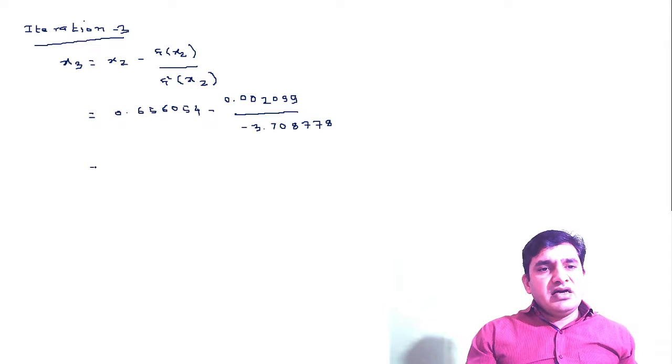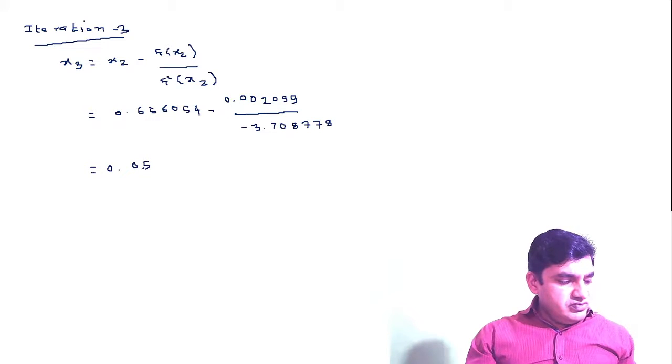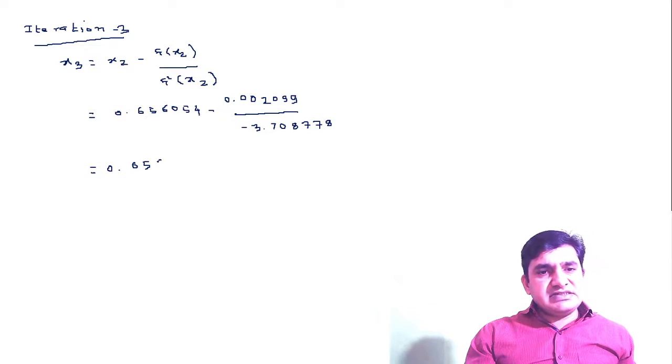After solving this we get the value of x3 as 0.656620. Now we have to find the fourth iteration.